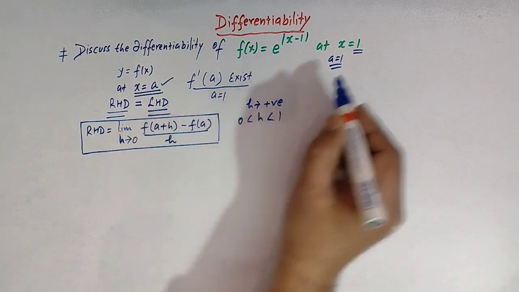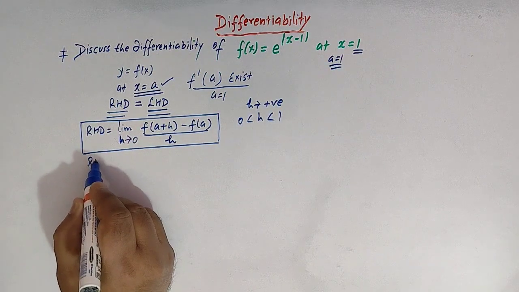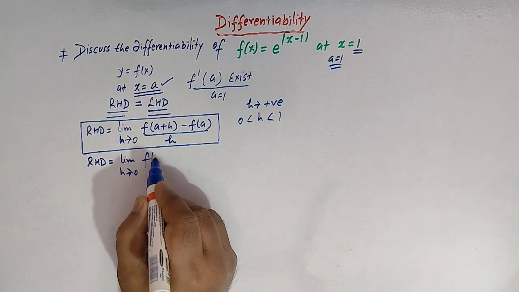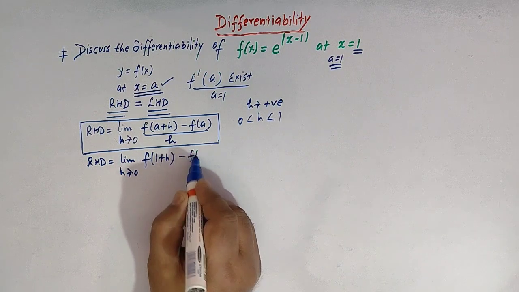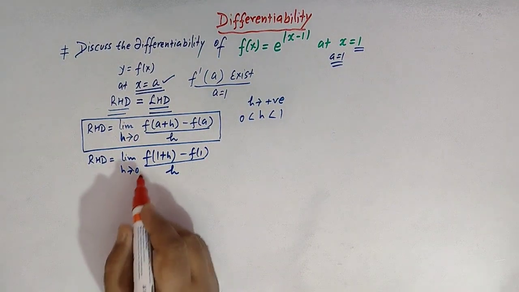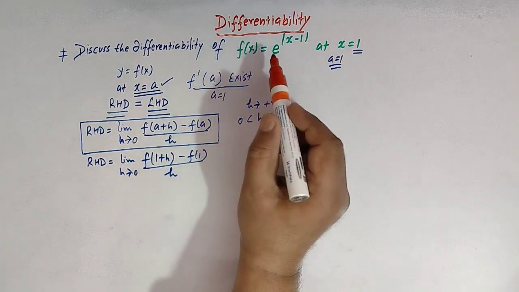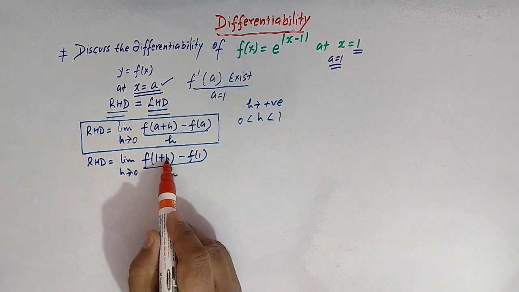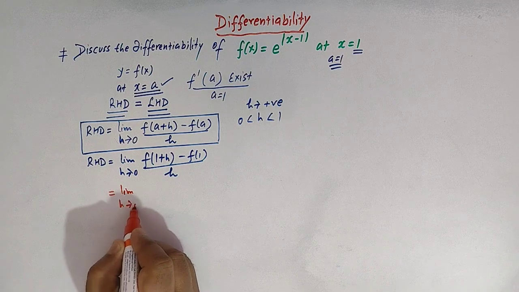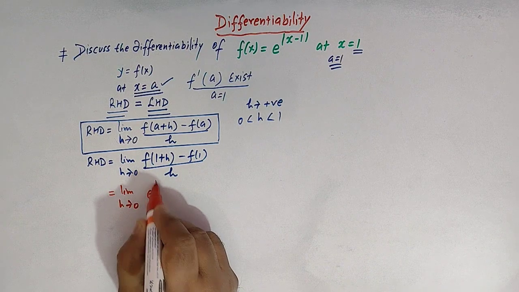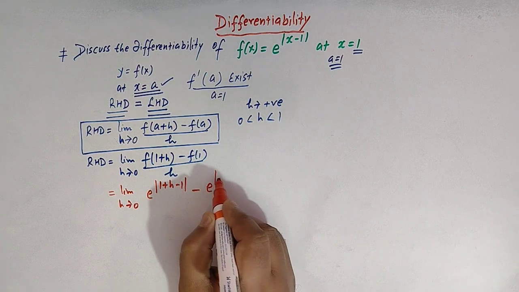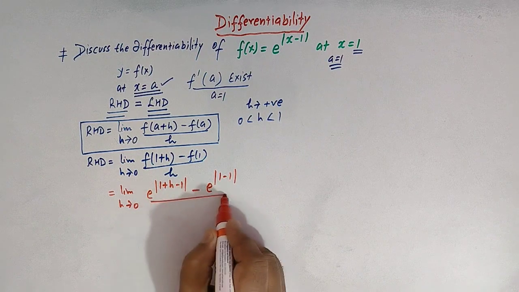Now if we take a equals 1, then the right hand derivative is equal to the limit as h tends to 0 of f of 1 plus h minus f of 1 divided by h. Let us substitute the value of f of 1 plus h by taking x equals 1 plus h, and then x equals 1. So we have the limit as h tends to 0 of e raised to mod of 1 plus h minus 1, minus e raised to mod of 1 minus 1, divided by h.